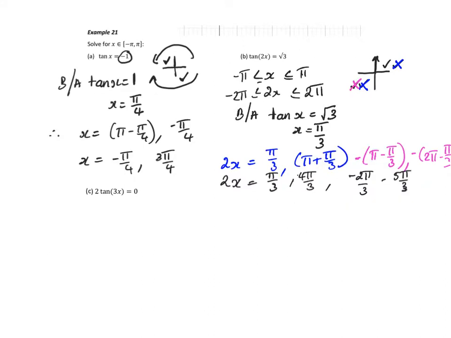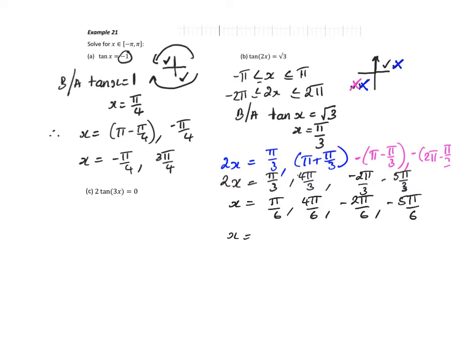Okay, let's make some room there so that we can now tidy up our answer even further. We've got 2x there and we want x, so x is going to be pi on 6, 4 pi on 6, minus 2 pi on 6, minus 5 pi on 6. And I'm going to write them in order and simplify them as well.